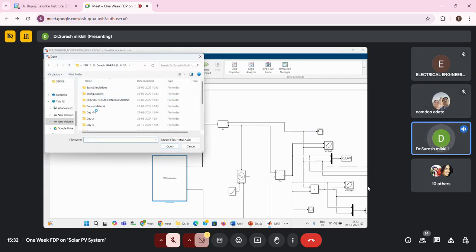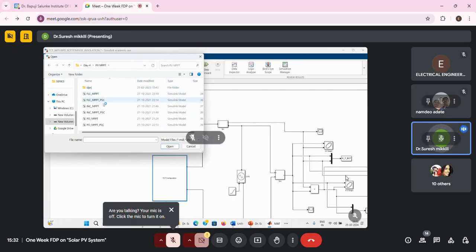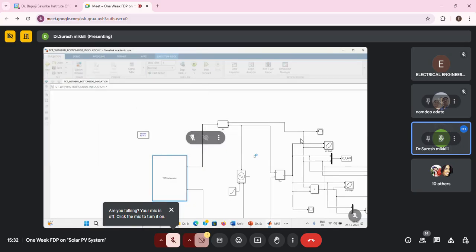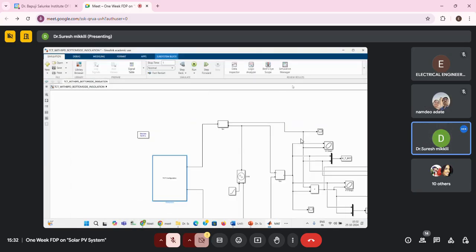Even in a similar way, we can simulate with the MPPT technique also. So let me show you how the MPPT technique is taken. Start this model.